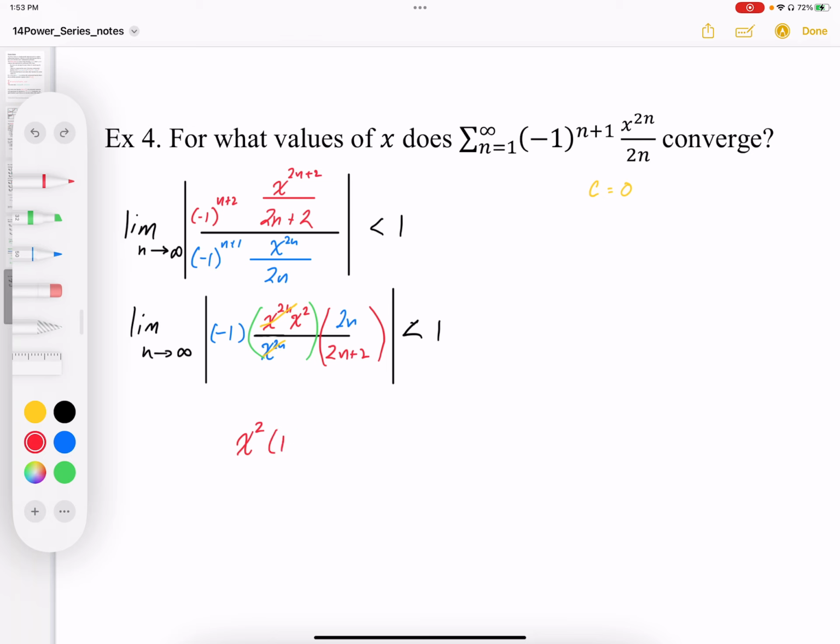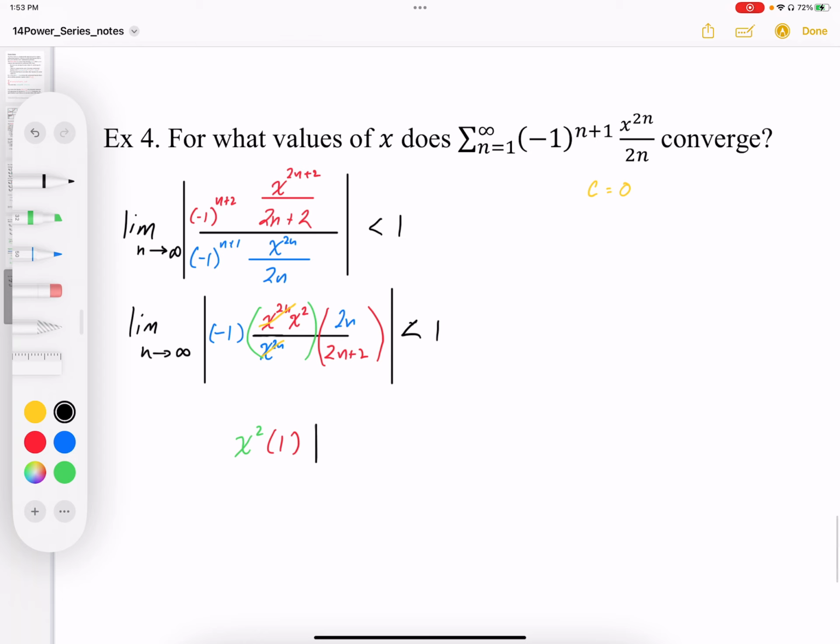Maybe I'll do the x squared in green. That comes from the green bracket, so x squared is going to be less than 1.